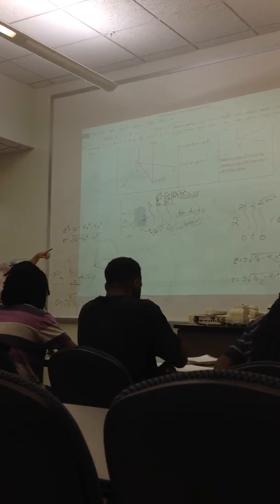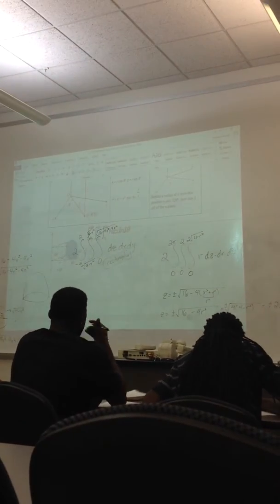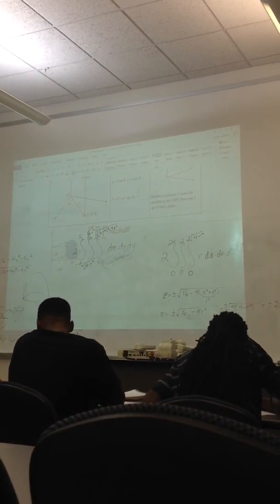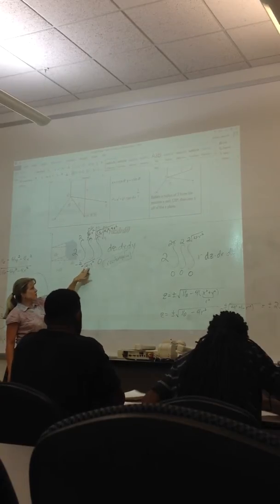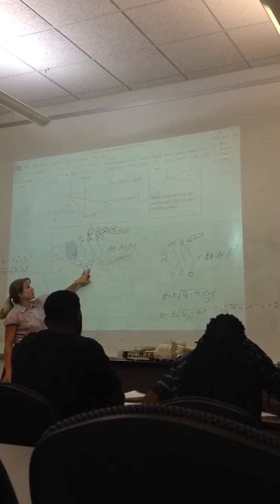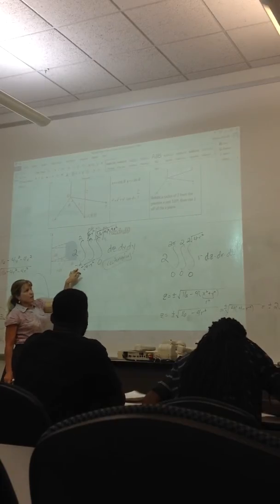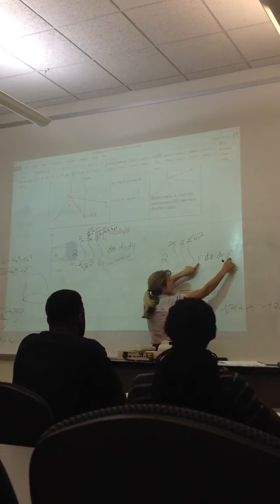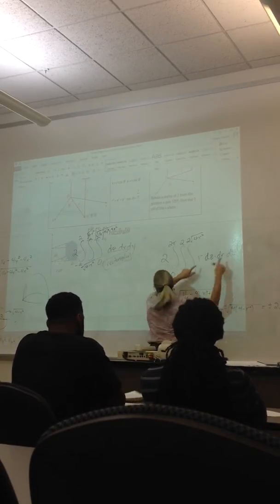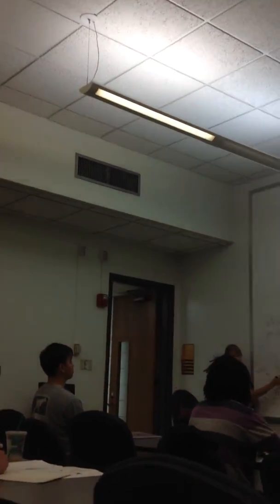Now notice when we were doing the problems in rectangular, I had variables here to trace my curve. It wasn't until the last integral that I put all constants. But the reason I'm able to put all constants here is because the r d theta is already tracing an arc length.